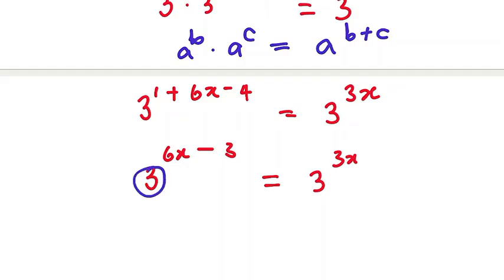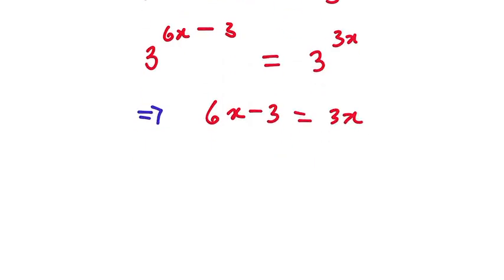Now we can see we have the same base. 3 is here, 3 is there. So we are going to equate the exponent. So we're going to have 6x minus 3 equals 3x. Understood? Then you transpose 6x minus 3x. The 3x will go to the left hand side and the 3 will go to the right hand side.